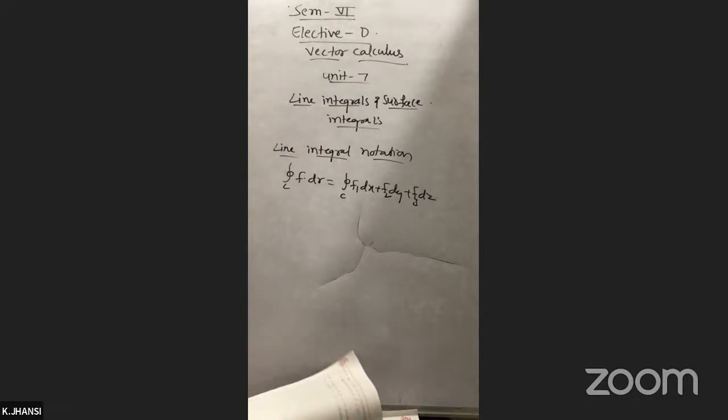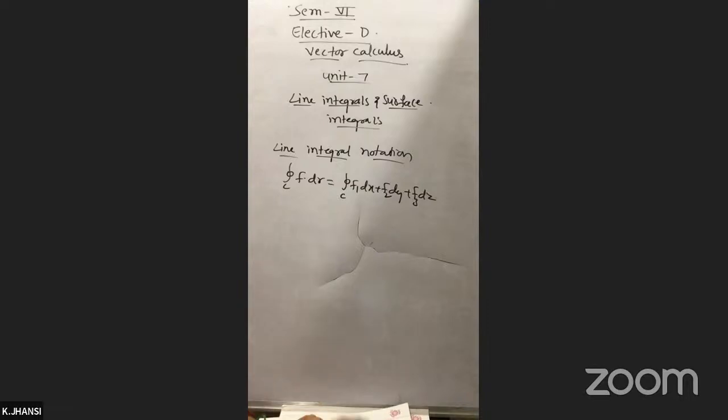Next, we have seen the conservative field and also irrotational conditions in the first block, second unit. There irrotational, solenoidal, gradient, divergence, and curl we have seen the definitions of. A force field F is conservative if and only if it is a gradient field.